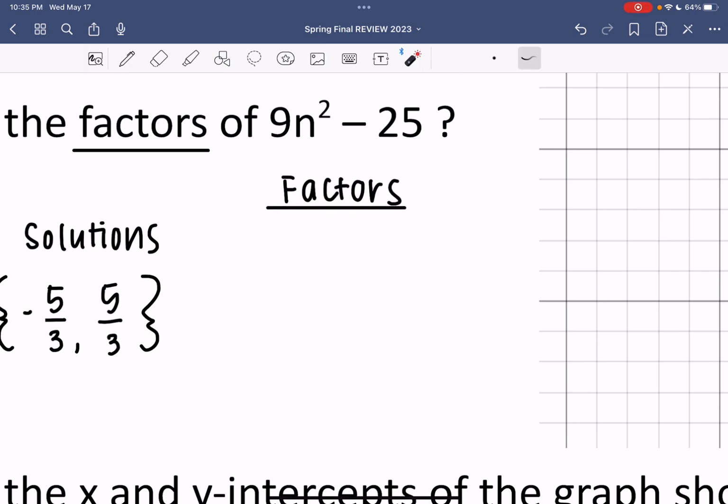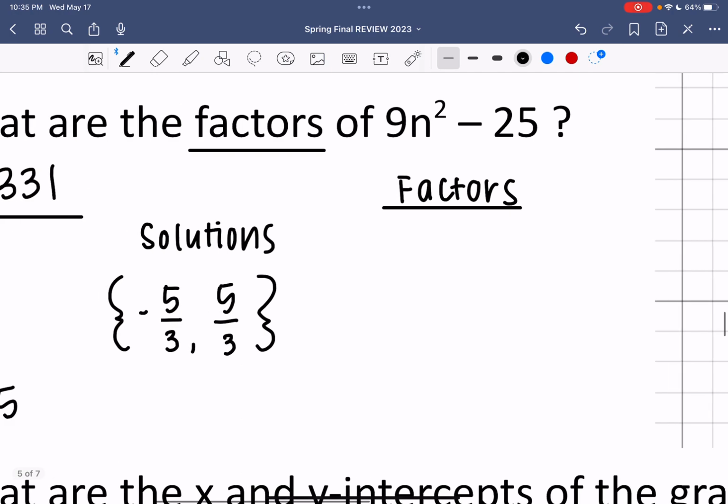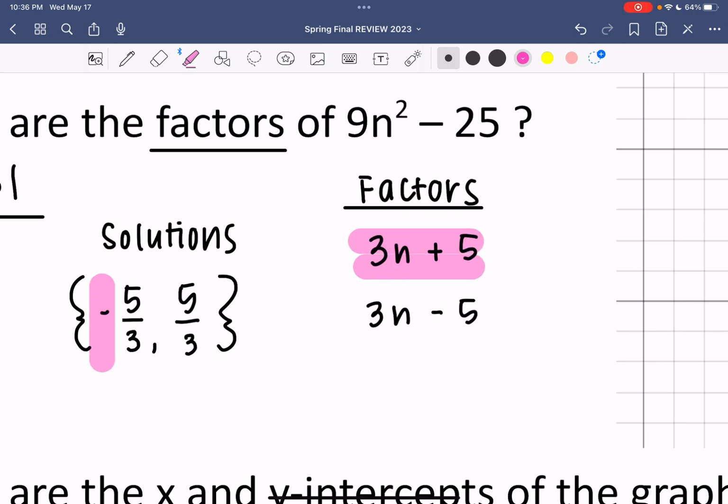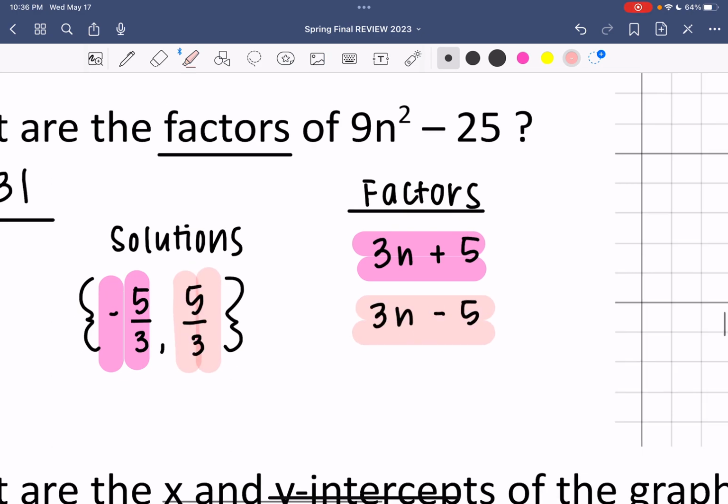In the first one, 3 gets the variable, but then you add or subtract the top using the opposite sign. So it's 3n plus 5, and then 3n minus 5. I'm going to highlight this. That factor goes to the first solution, whereas this factor goes to the positive solution.